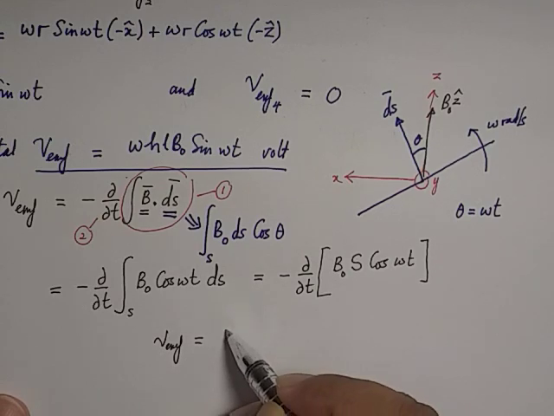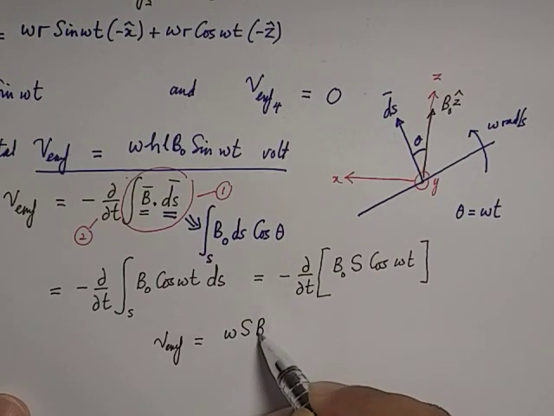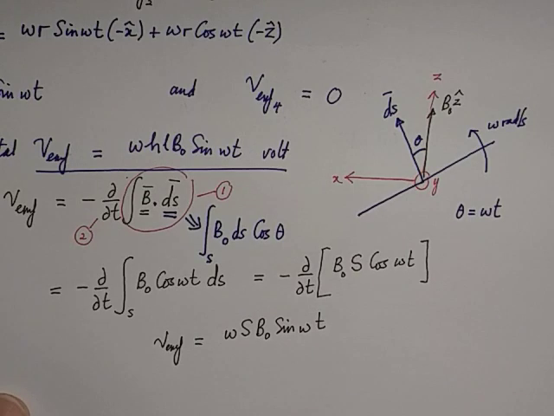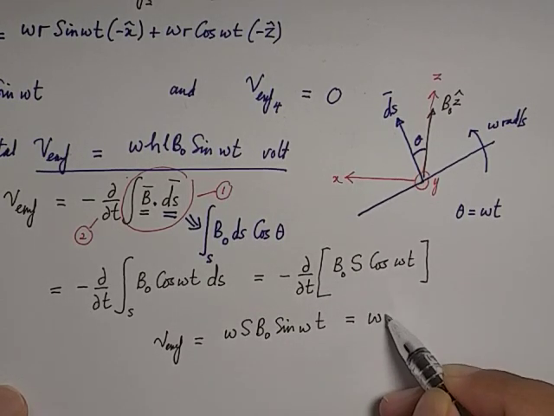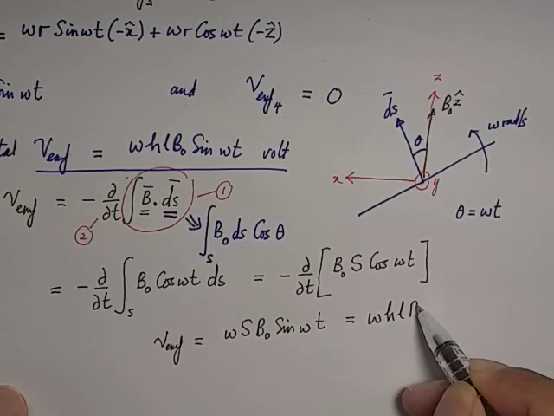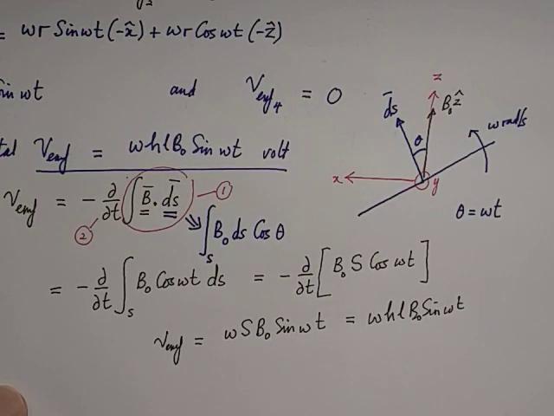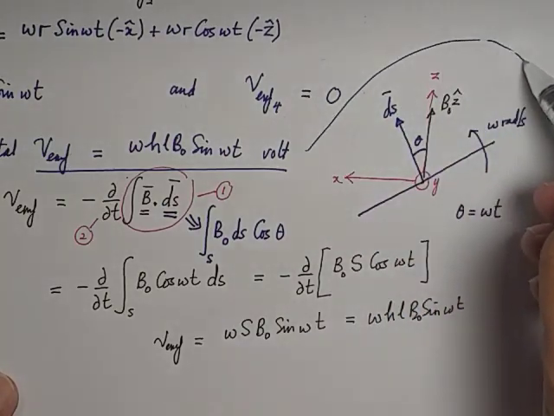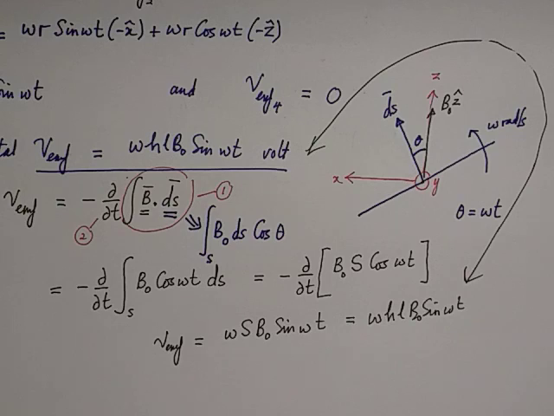So what you're going to have is omega S B naught sine omega t, or we can say it is equal to omega H L B naught sine omega t volts. And when you compare to our previous method, alhamdulillah, they are exactly the same. So that proves our method here is correct.